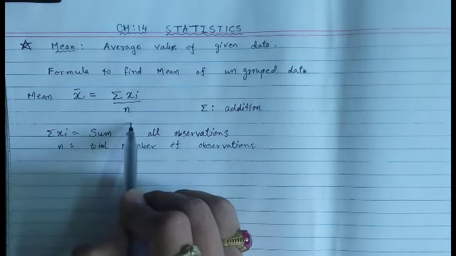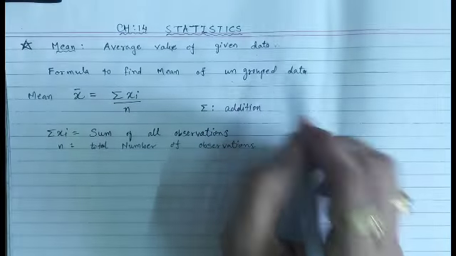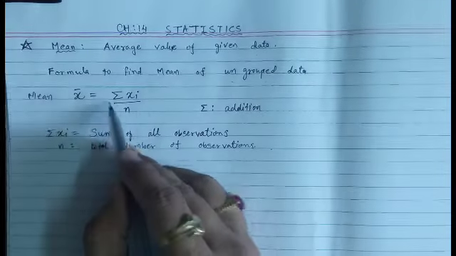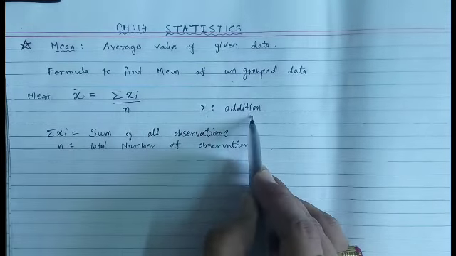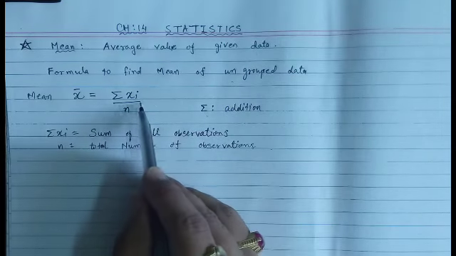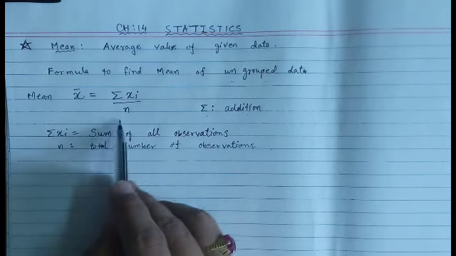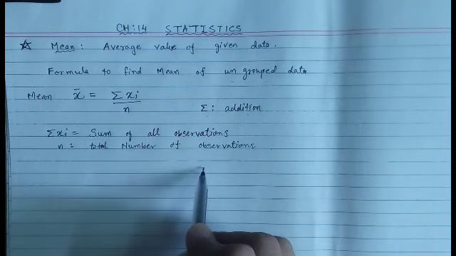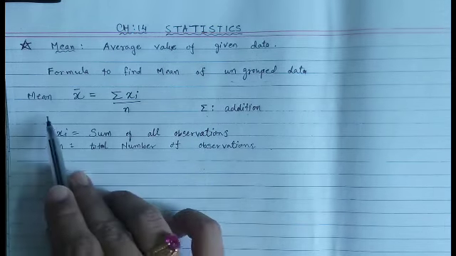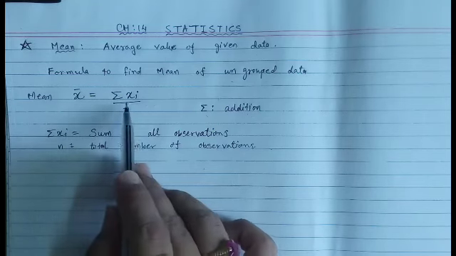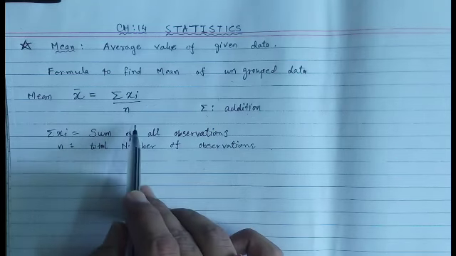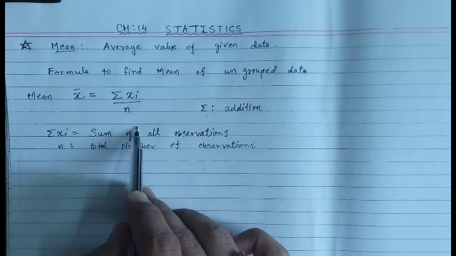This is the formula to get mean of ungrouped data. Here sigma indicates addition or sum. Sigma xi means sum of all the given observations and n is the total number of observations. It means mean x bar equal to sum of all the given observations divided by total number of observations.